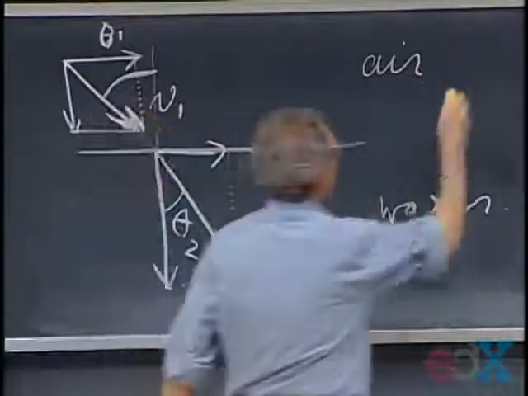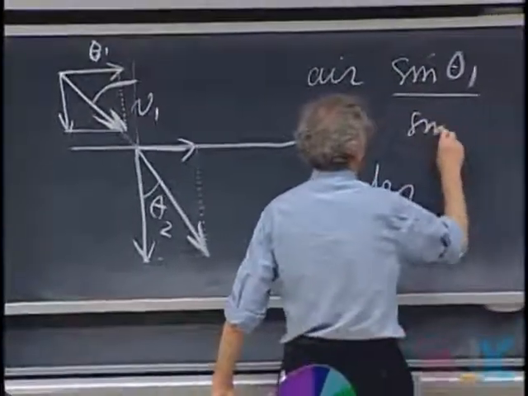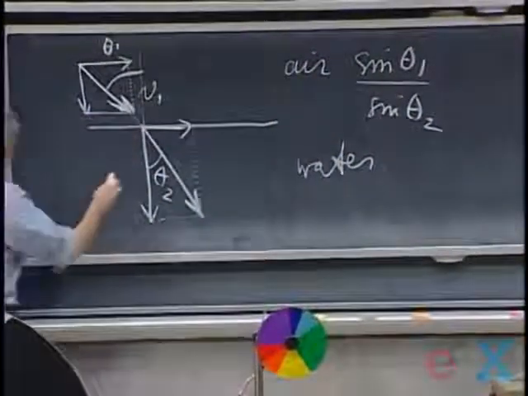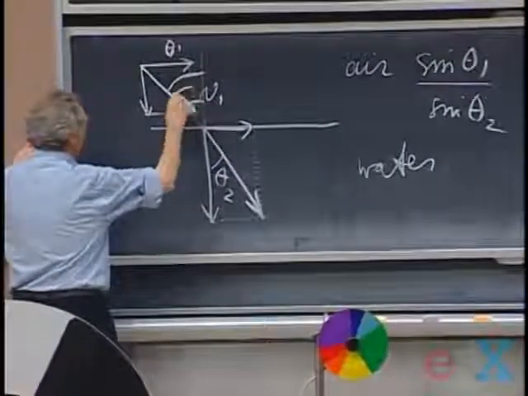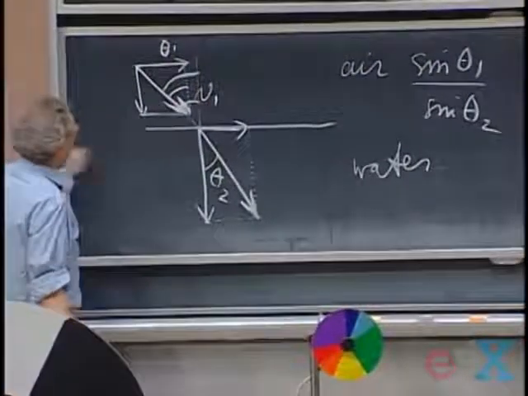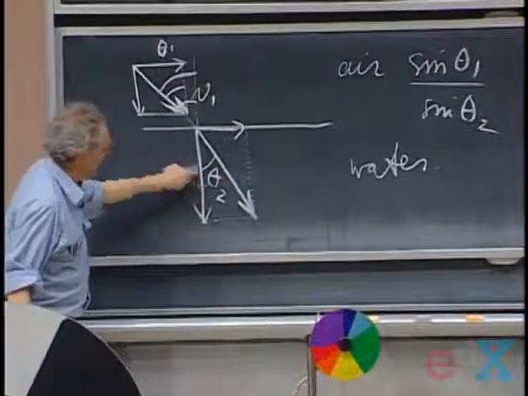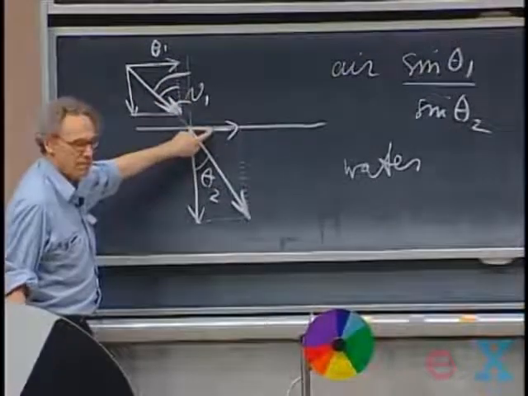But Snell's law immediately follows from this. The sine of theta 1, this angle is theta 1. So that's this velocity divided by this vector. And the sine of theta 2 is this velocity divided by this vector. But these two velocities are the same.